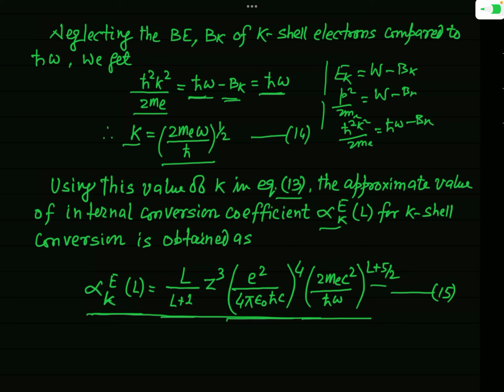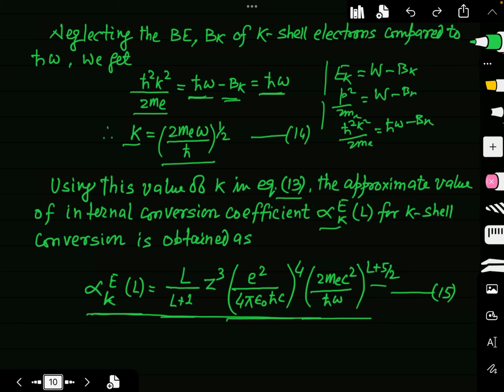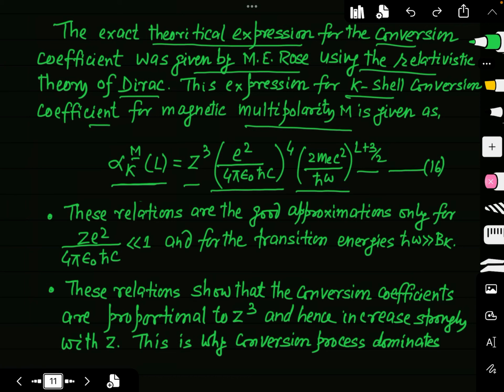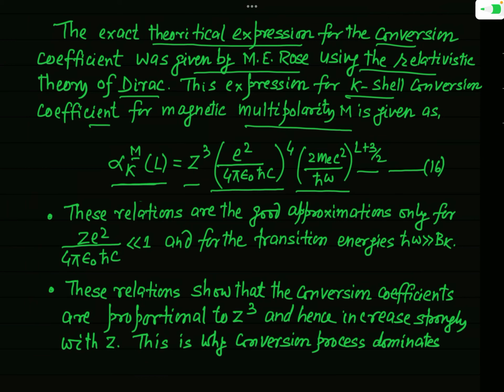Now we will see what main information we get from these two results. If you see these two results, they are valid in a good approximation only when the quantity Ze²/4πε₀ħc is much smaller than 1.